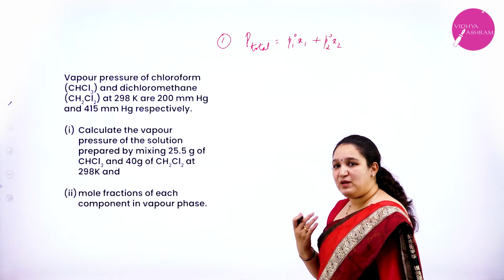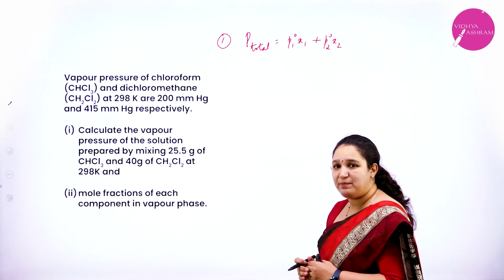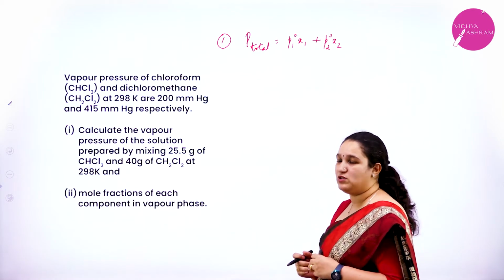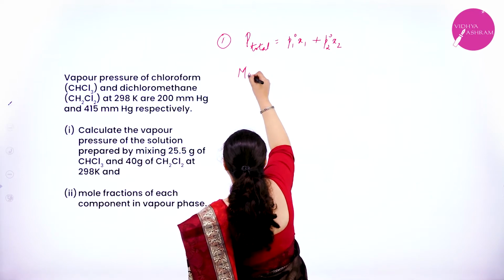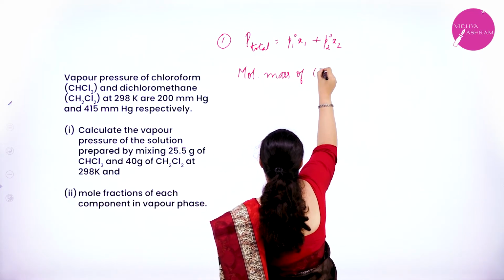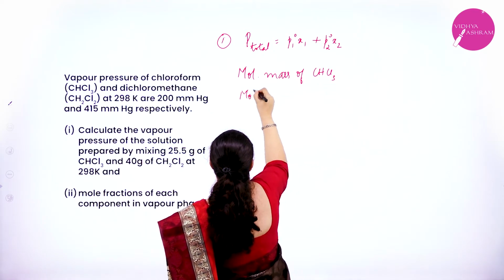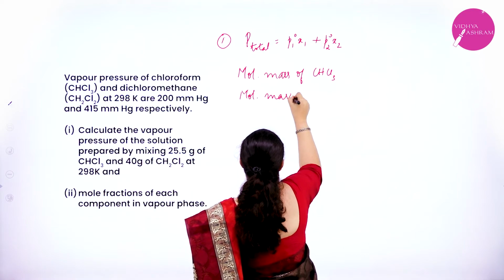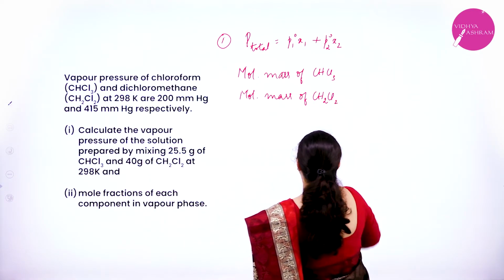So first I will calculate. What do you mean by mole fraction? For mole fraction, you require the number of moles. So the first step is to calculate the number of moles. So first I shall calculate the molecular mass of CHCl3 and of CH2Cl2.